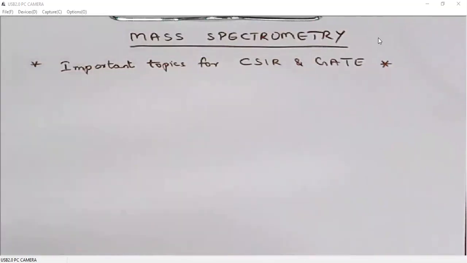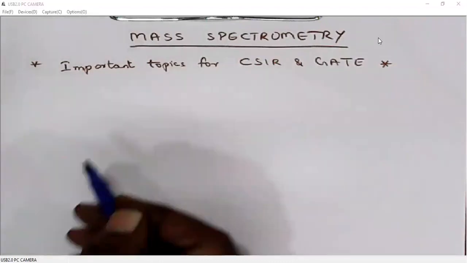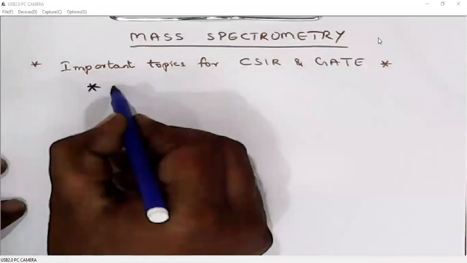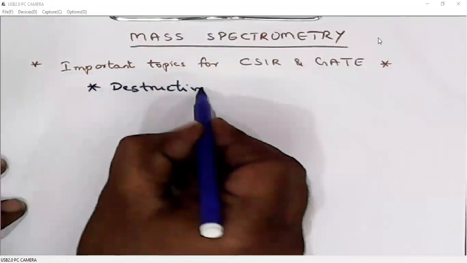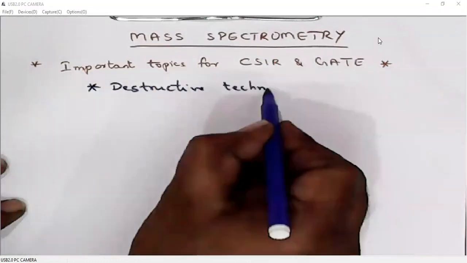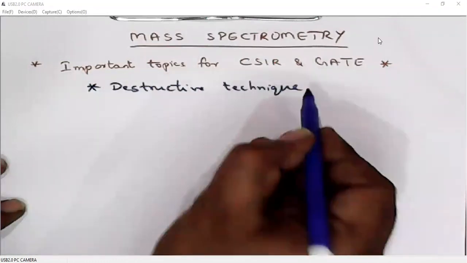So it is not like other spectroscopic techniques where we can recollect the sample after analysis, but here we cannot recollect the sample. So that is why it is called mass spectrometry. It is a destructive technique. So sample cannot be isolated.